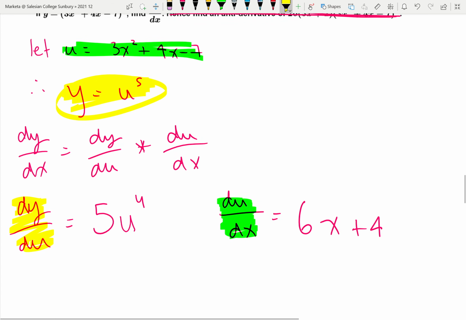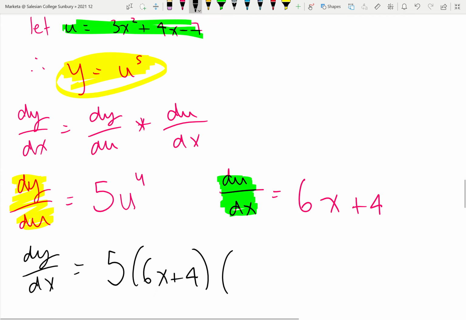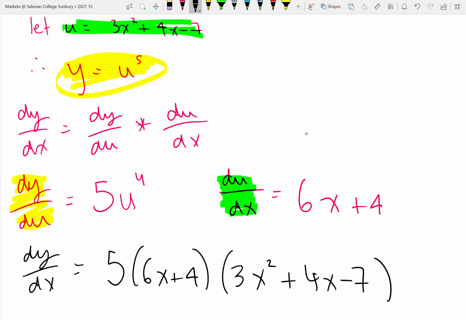Now we can multiply them together. So dy/dx equals 6x plus 4, and then u, which was 3x squared plus 4x minus 7, to the power of 4.